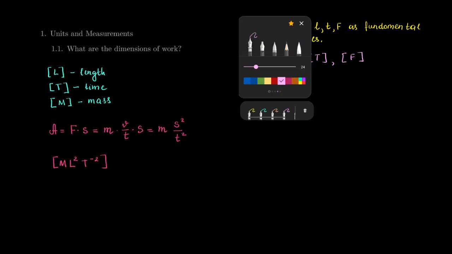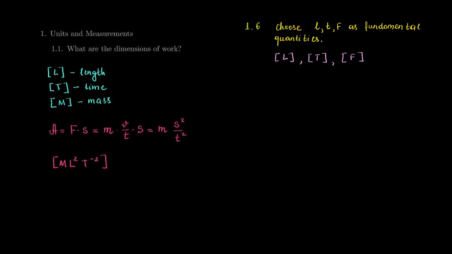Now, what is the dimension of mass? Again, we have to find such a relation that it should relate length, time, F and m, or m as a function of length, time, and force.